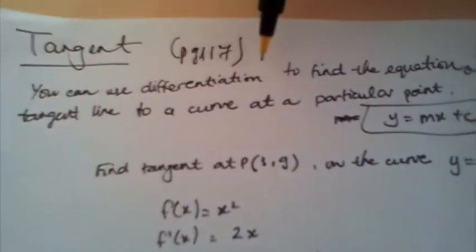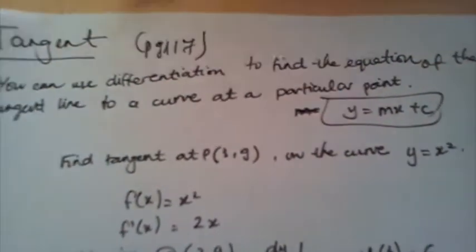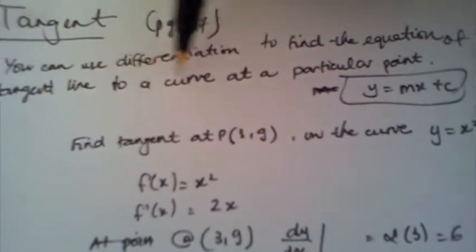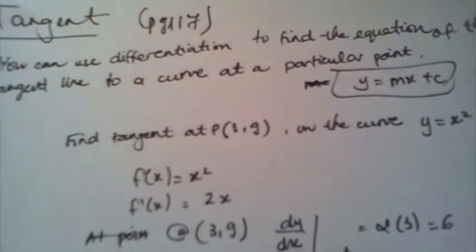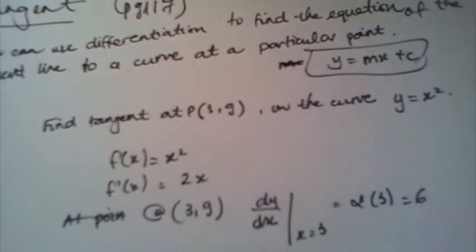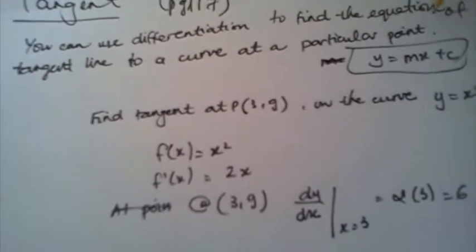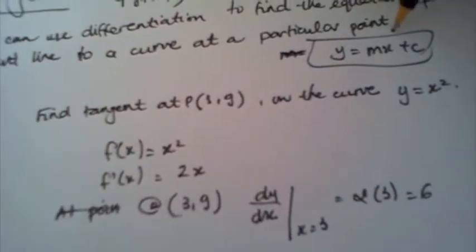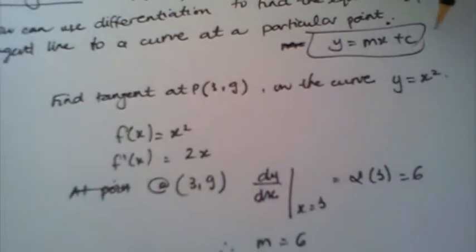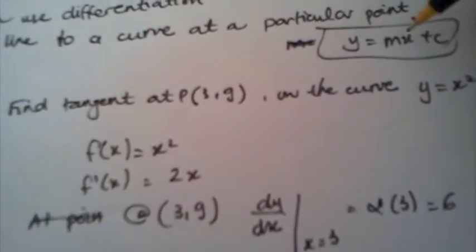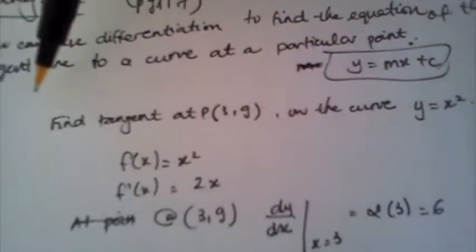You can use differentiation to find the equation of the tangent line to a curve at a particular point. Bearing in mind that a tangent is a straight line, therefore the equation is y equals mx plus c, m being the gradient of the tangent. Here's an example.